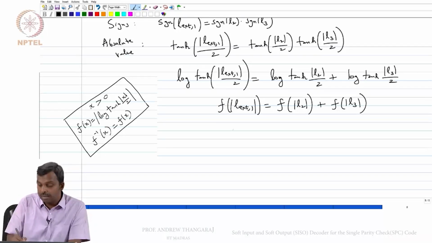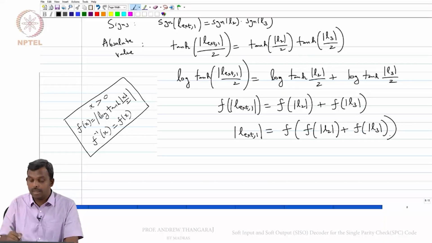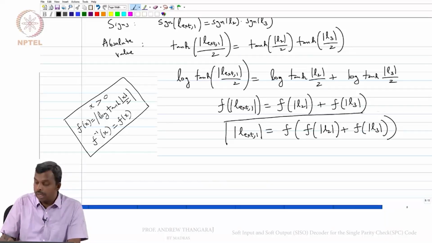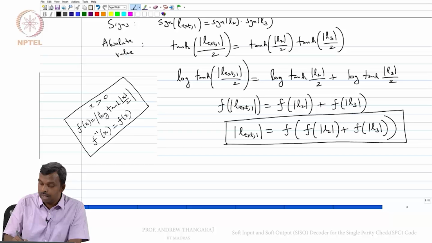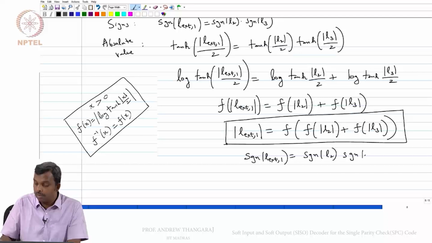Take f on both sides, and we will simply get absolute value of Lext1 equals f of absolute value of L2 plus f of absolute value of L3. So this is another way to write down the tanh rule. This, and sign of Lext1 equals sign of L2 times sign of L3.